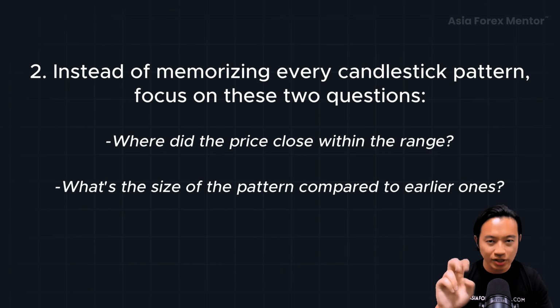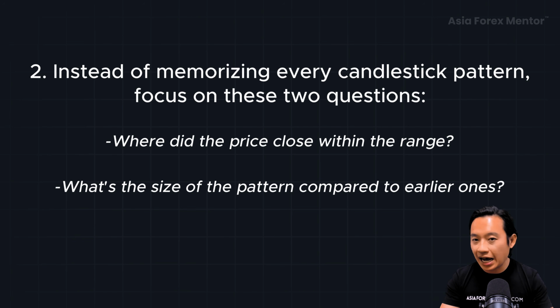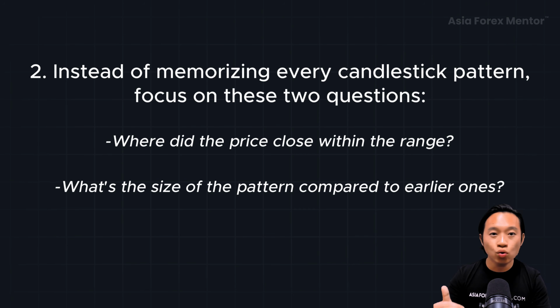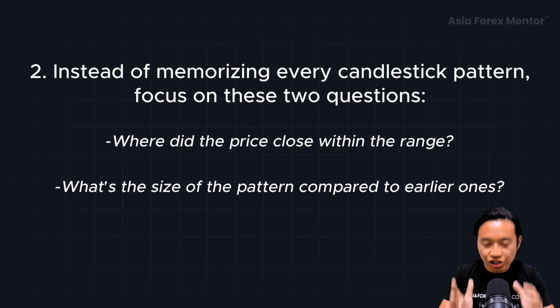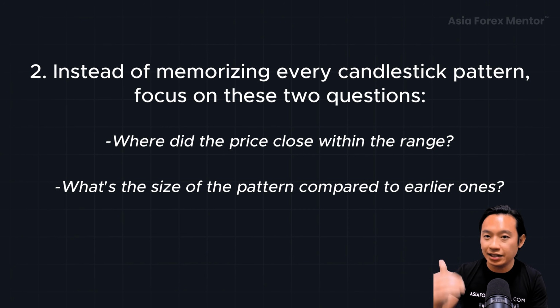This is where the second question comes in. What is the size of the pattern relative to the earlier ones? If the patterns are similar in size, it indicates that there's not much conviction behind the move itself. However, if the pattern is larger, 2 or 3 times the size of the previous candles, this suggests a very strong conviction behind this move.